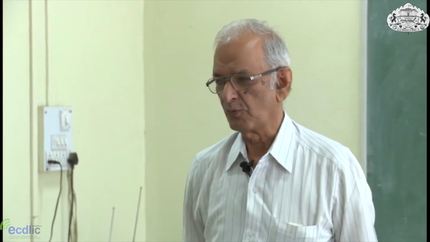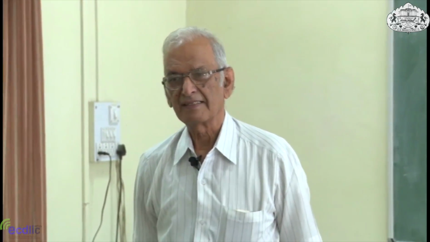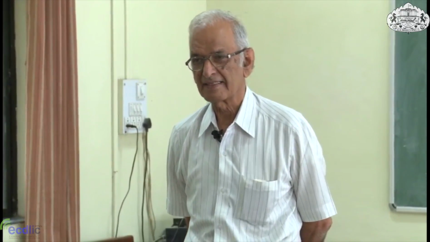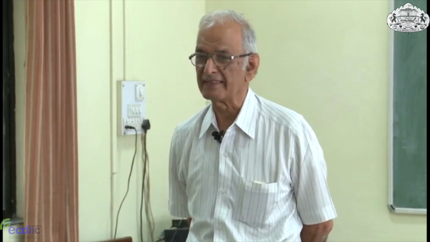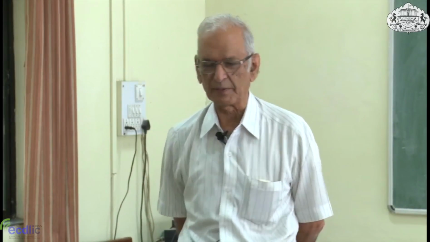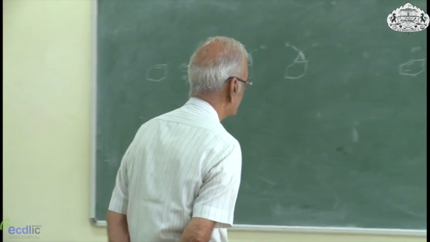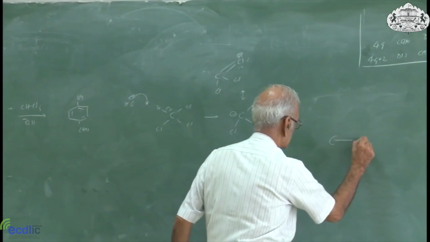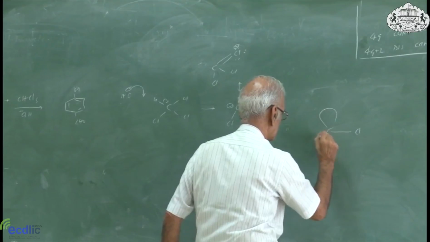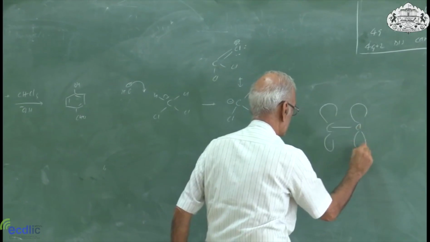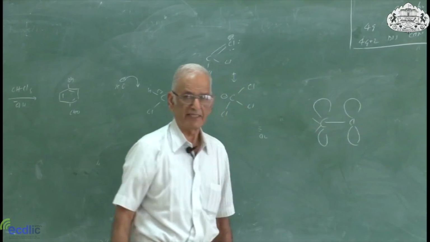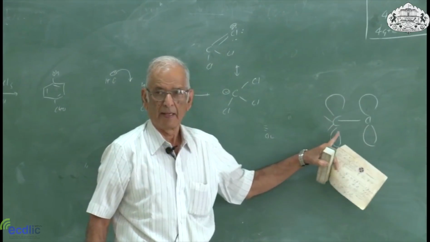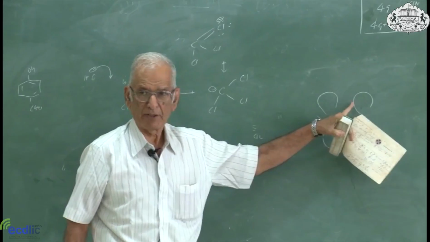Okay? So, one reason is the inductive effect of the 3 chlorines. The second is chlorine has vacant d orbitals. Okay. All right. When I have a ketone, I get the pi bond.